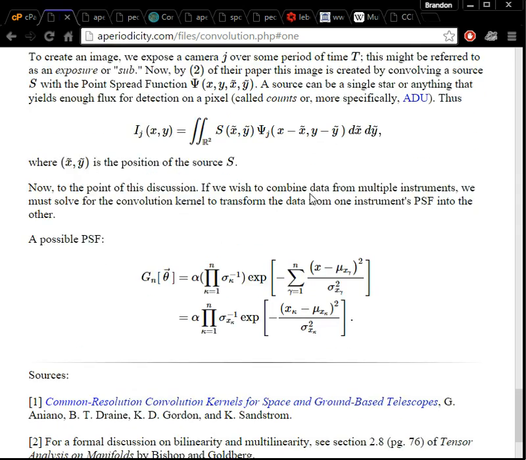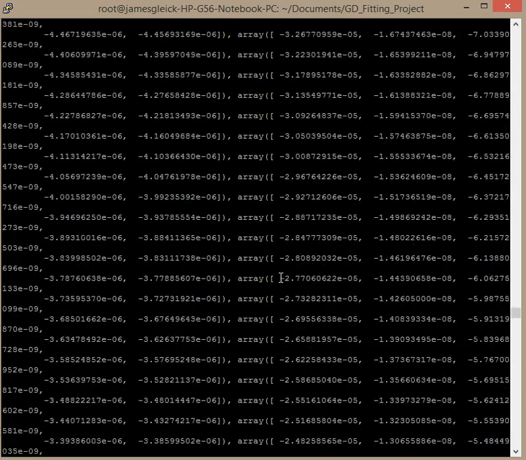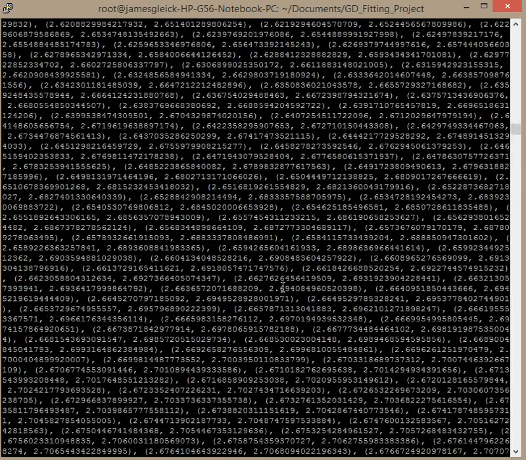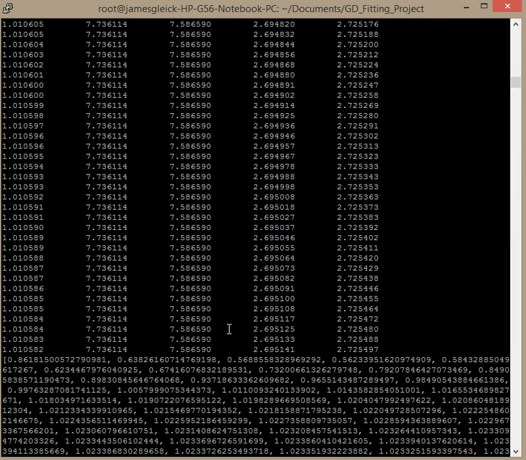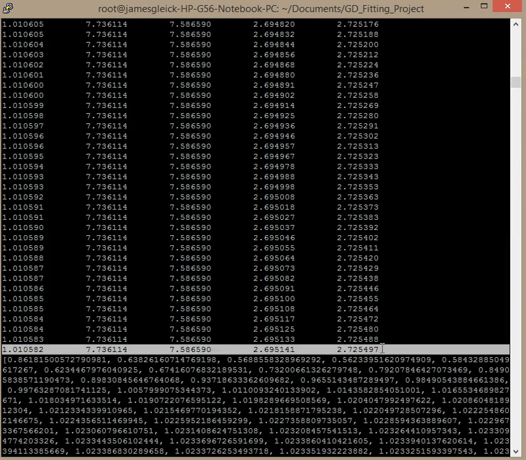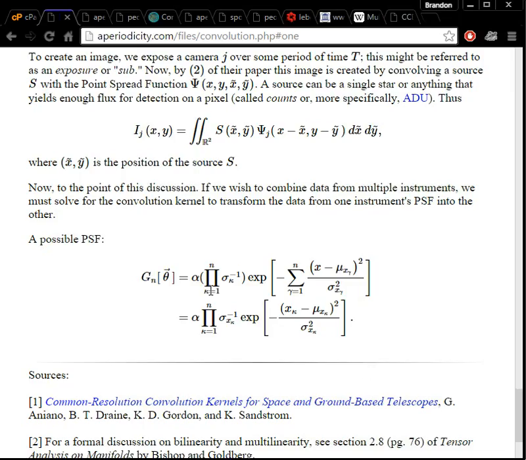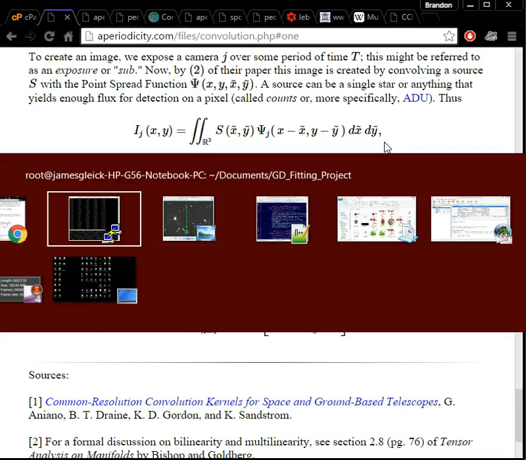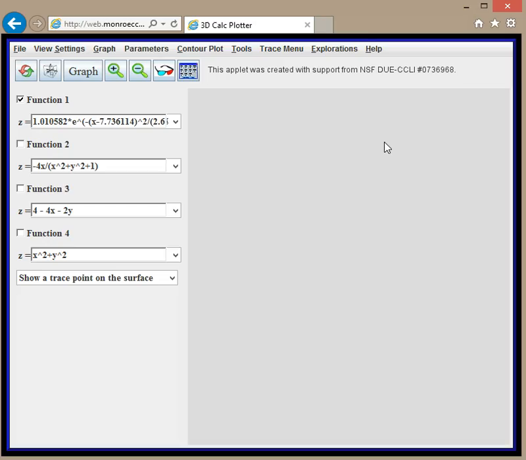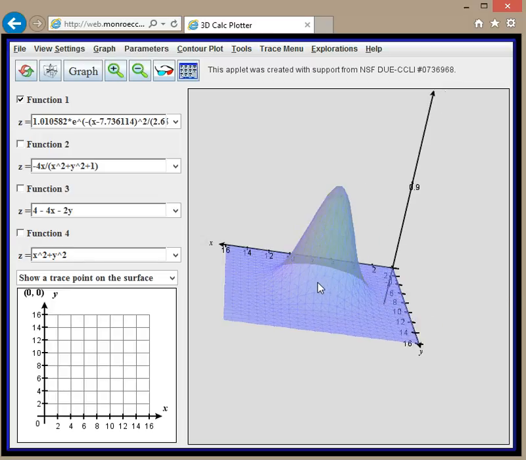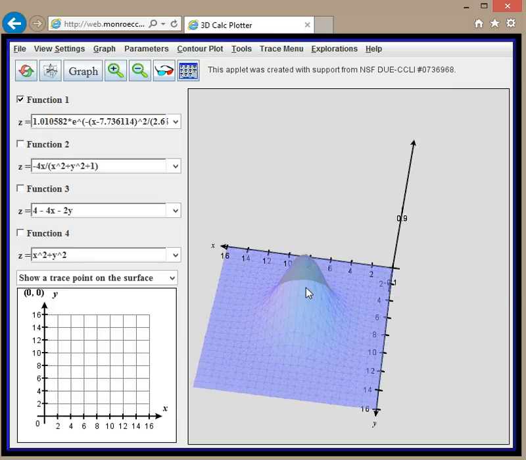And so the parameters that we've arrived at with this quick iterative fit, this last column here, these five numbers, if we throw them into a two-dimensional Gaussian surface and plot it, as I've done on Professor Seeberger's applet, here's the surface that we've fit with that algorithm.